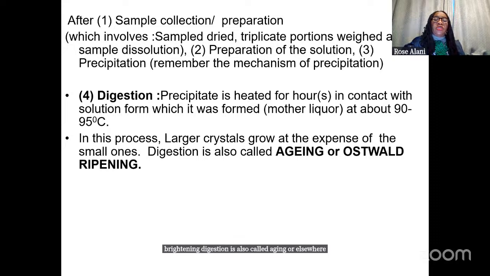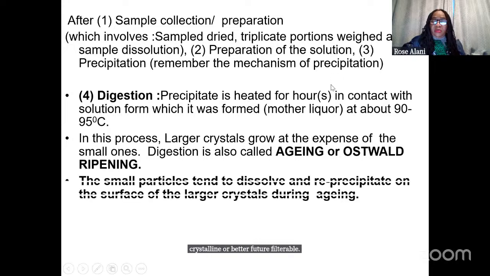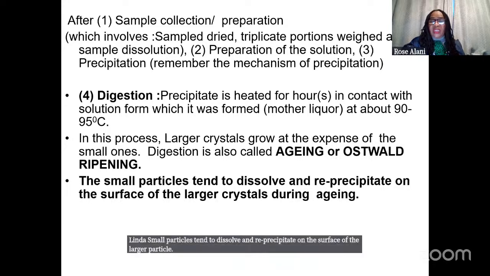I explained to you the importance of digestion. When you heat the precipitate in the liquor, it produces higher S for you, and that gives you crystalline or better filterable precipitate. The small particles tend to dissolve and re-precipitate on the surface of the larger crystals during aging.